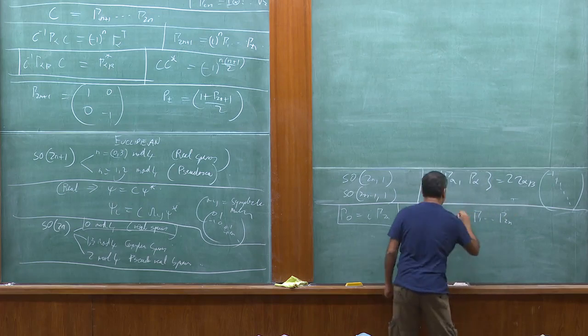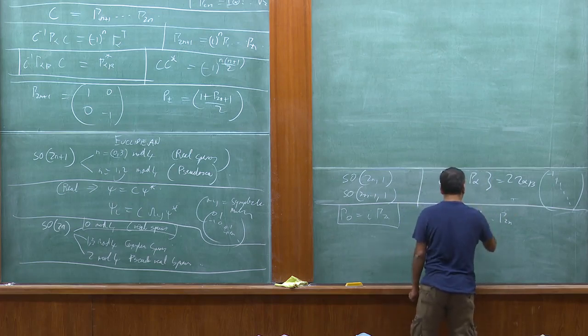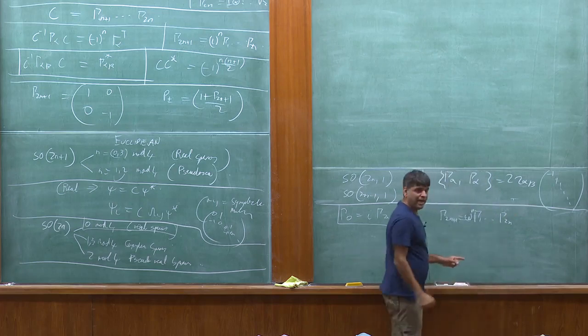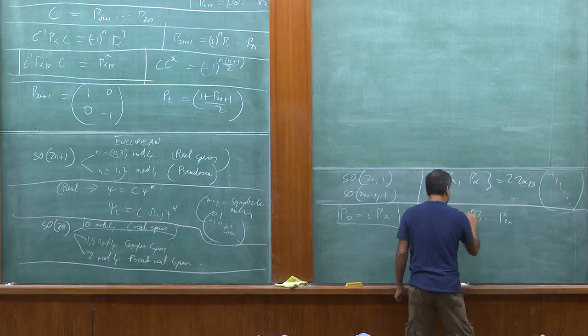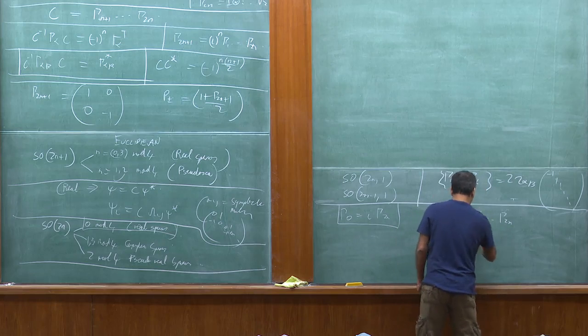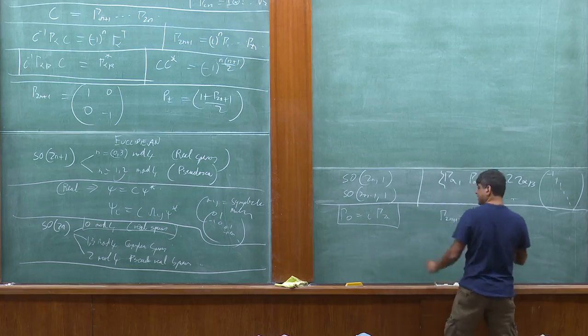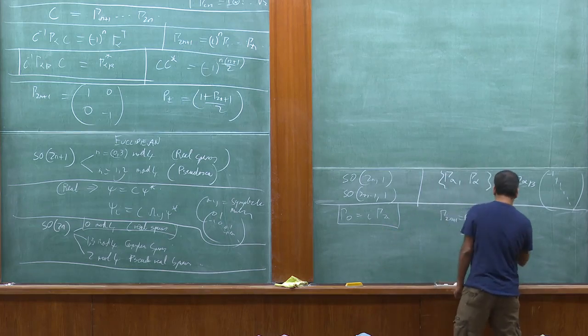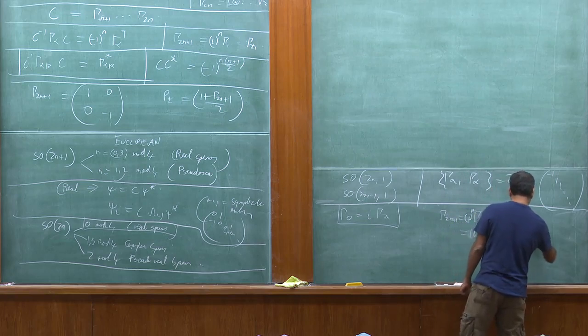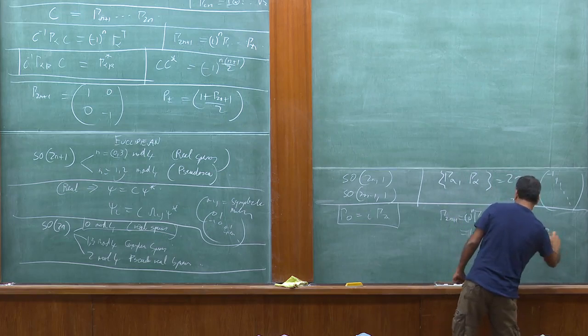And if we want to write this in terms of gamma 0, we'll write this as I to the power n times minus I times gamma 1 to gamma 2n minus 1 gamma 0, right?